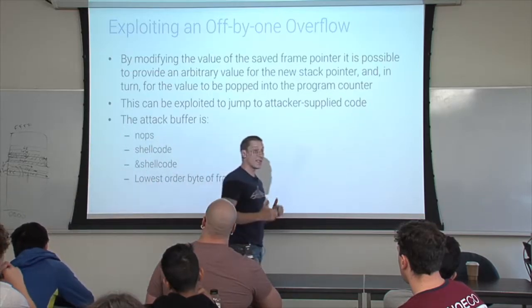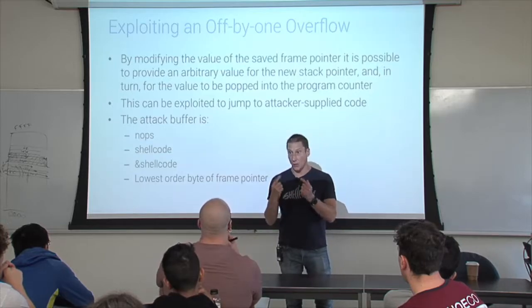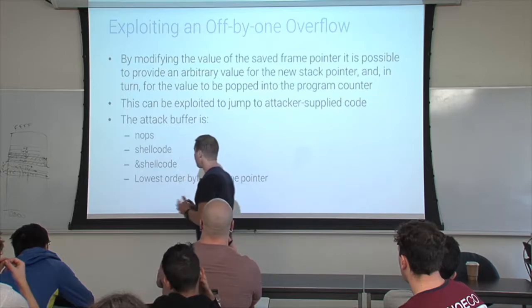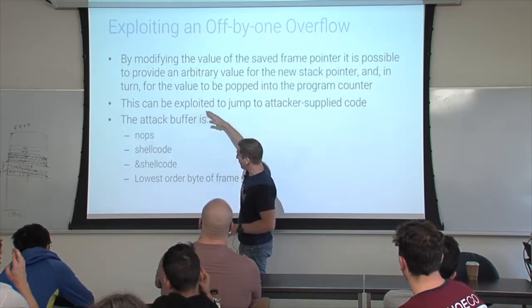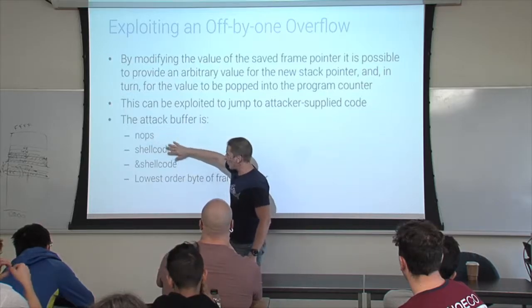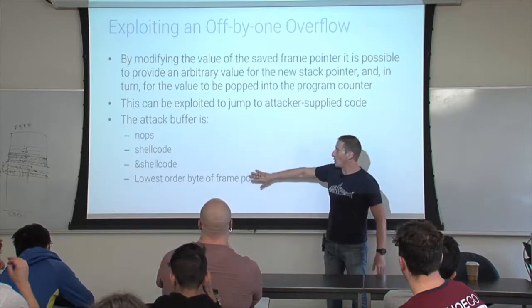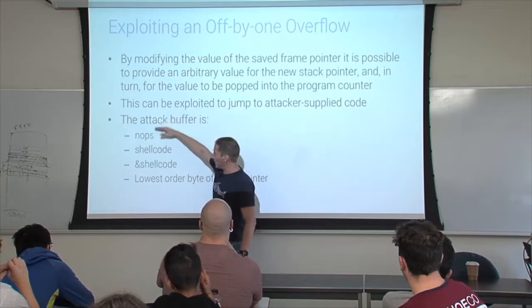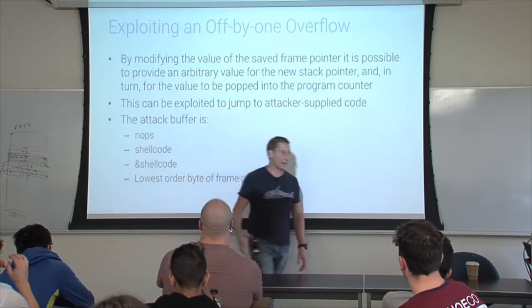At that point, you can set up shop the way you want, and on the next return, you will be able to have full control and execution. Okay? So imagine that our attack buffer, remember the 255, is some knobs, the shellcode, the address of the shellcode, and then the lowest order byte of the frame pointer. So we're going to write all this, and we have to make sure that this buffer will be executed.